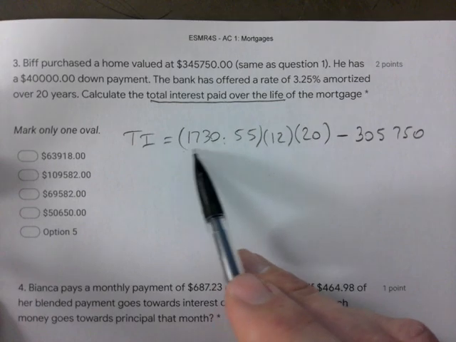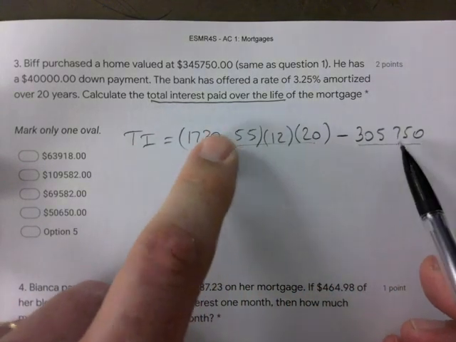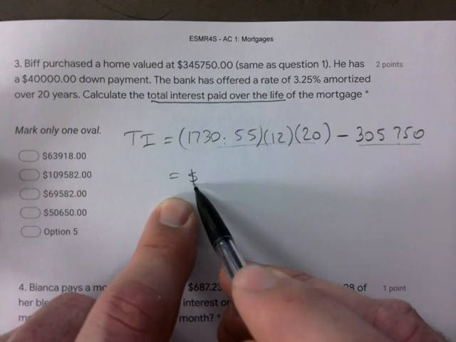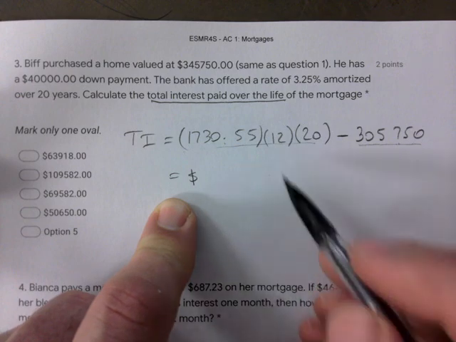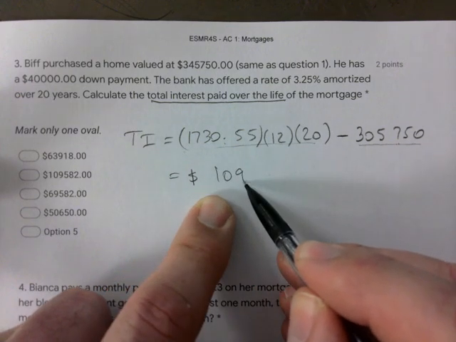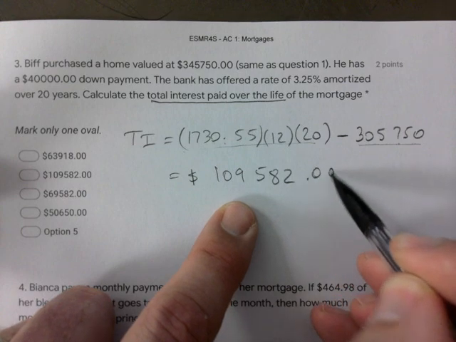So this is paid to the bank. This is how much they gave you in the first place. That difference is the interest, the total interest, which is $109,582 exactly.